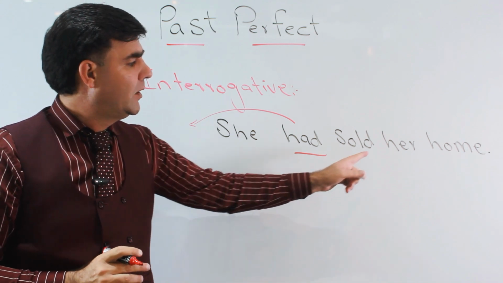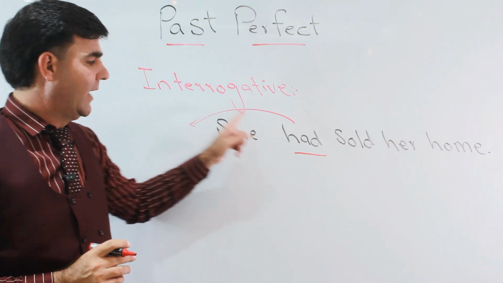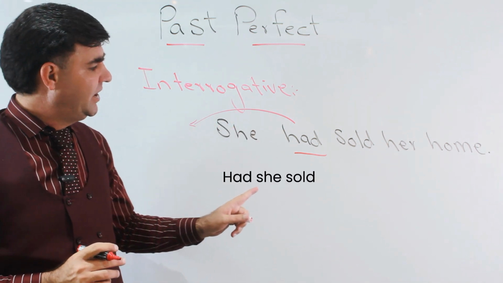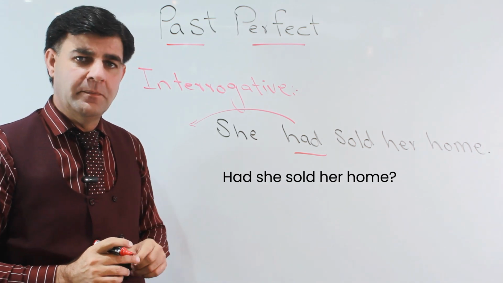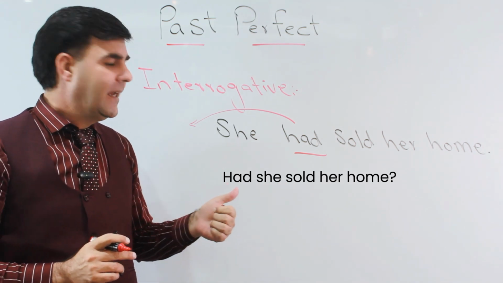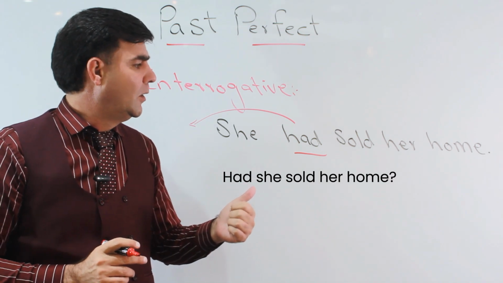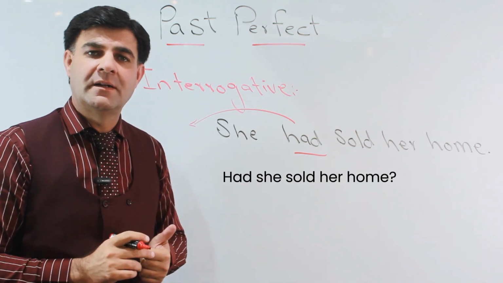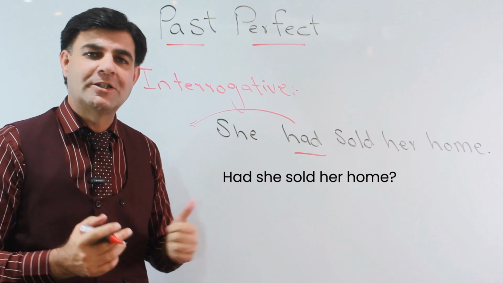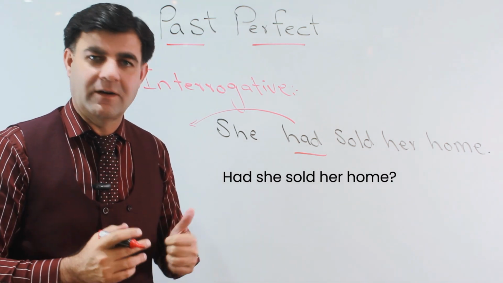She had sold her home. Take had out. Had she sold her home? And question mark. The sentence will be automatically an interrogative question.